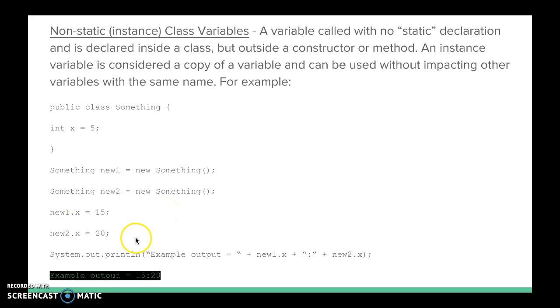And you can see here in my console output, it is not giving it the same value each time. It is because it's a copy, it's giving it two different values. So I can use the same variable name across my program, but I can give it different values because I am in essence copying that variable and not referencing it like in a static variable.